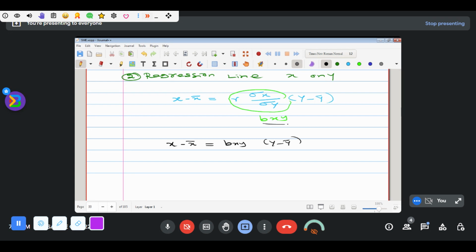Here it is x on y, so this notation is called the regression coefficient x on y.